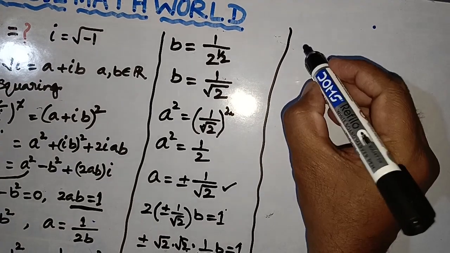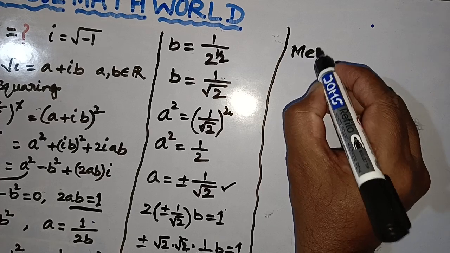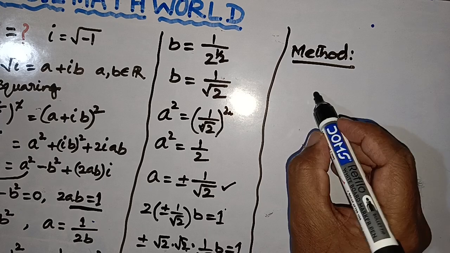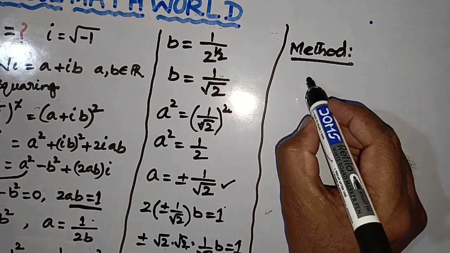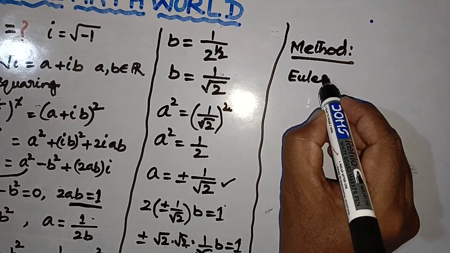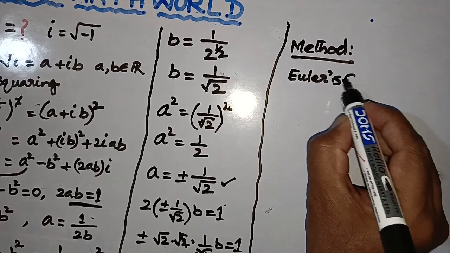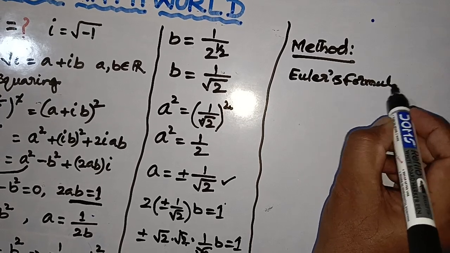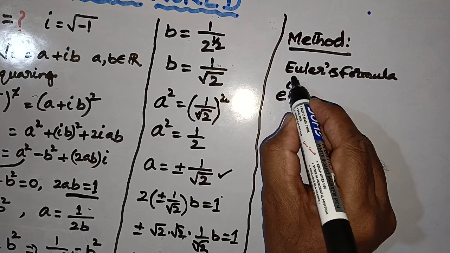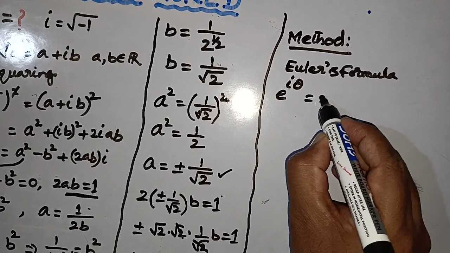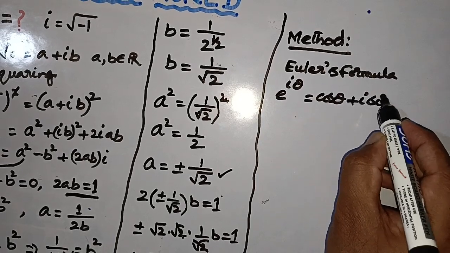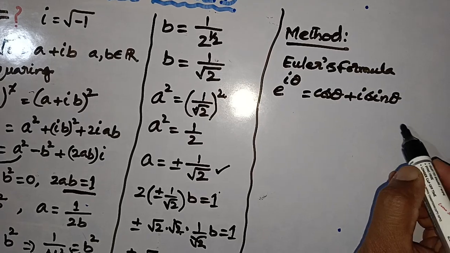So by method 2, before we go for method 2, here I write a formula that is called Euler's formula. According to Euler's formula, e to the power of i theta is equal to cos theta plus i sin theta.